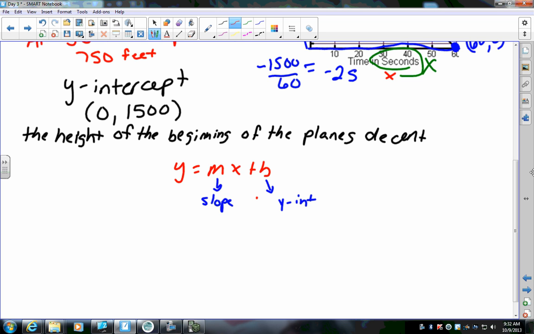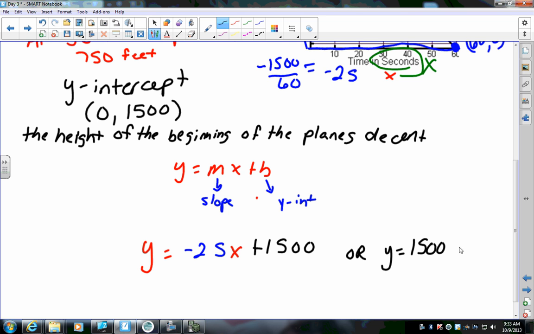So I have y equals, we found the slope to be negative 25, and then you put the x, and the y-intercept is a positive 1500. You can write it that way, or you can write y equals 1500 minus 25x. That means the same thing.